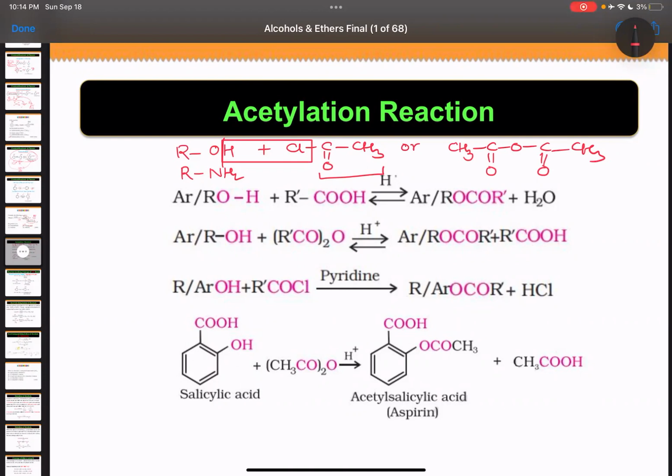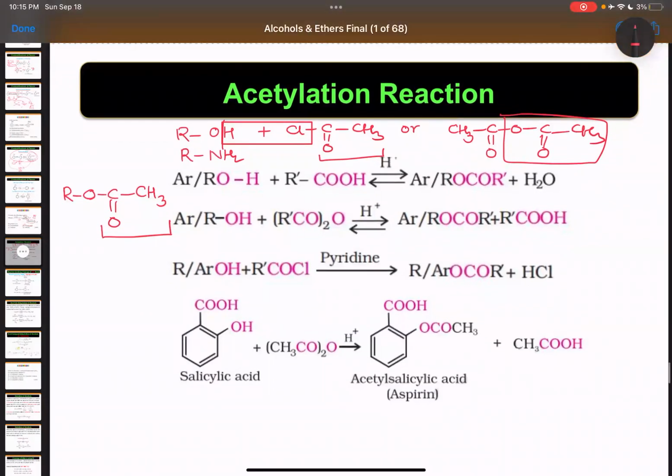And in this one you remove acetic acid and you put in the COCH3 group in place of H. So ROH is going to change to an ester with an acetyl group. Is it clear?